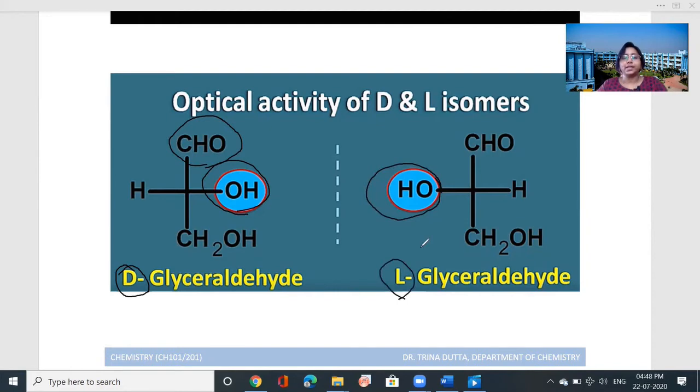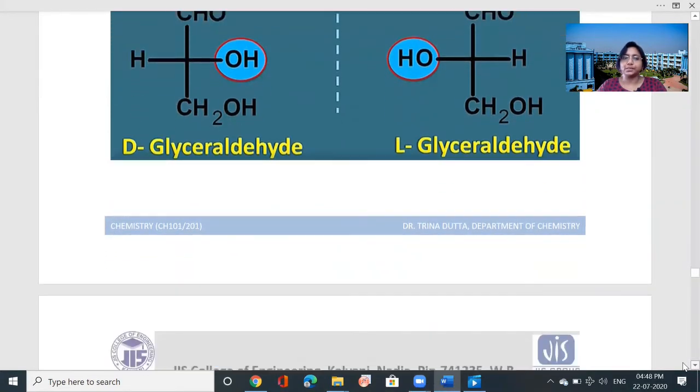So they rotate optically in different ways. One rotates in the clockwise direction, the other in the anti-clockwise direction. Okay, so you have understood the optical activity of these isomers.